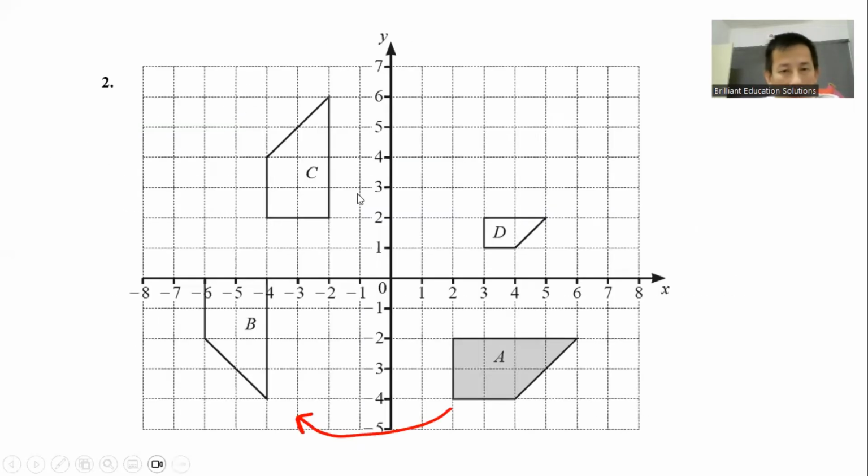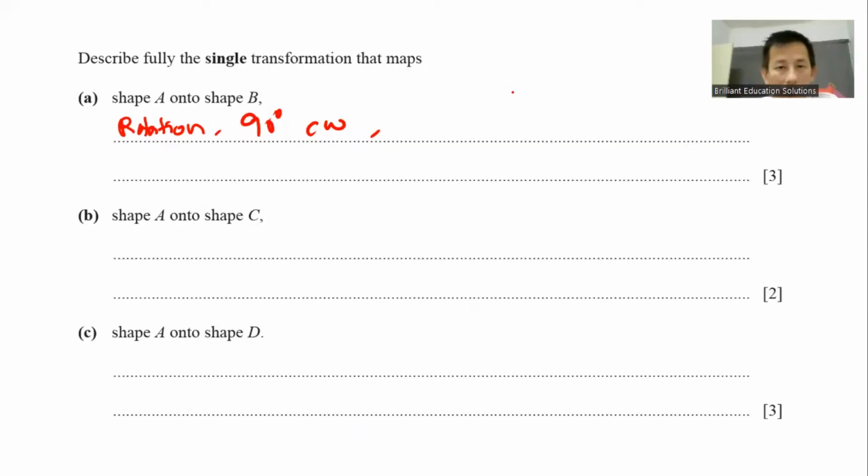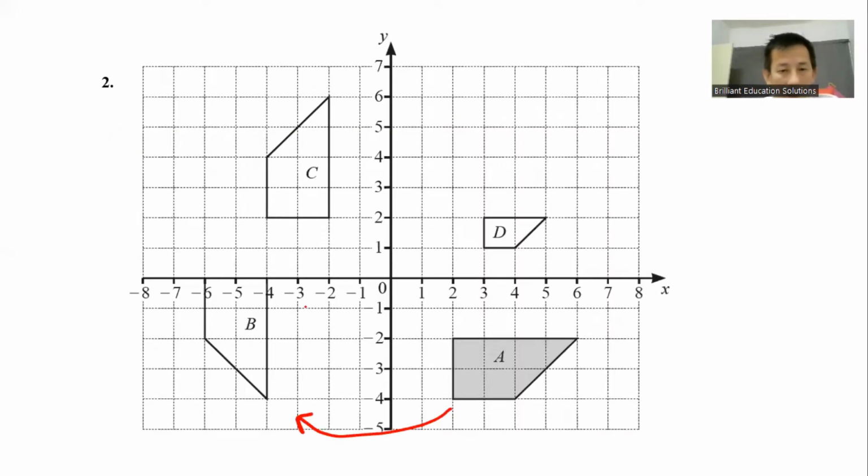And the center of rotation. To find the center of rotation, you can do trial and error, but I'm not going to use it. In this case, I'm going to use the perpendicular bisector.